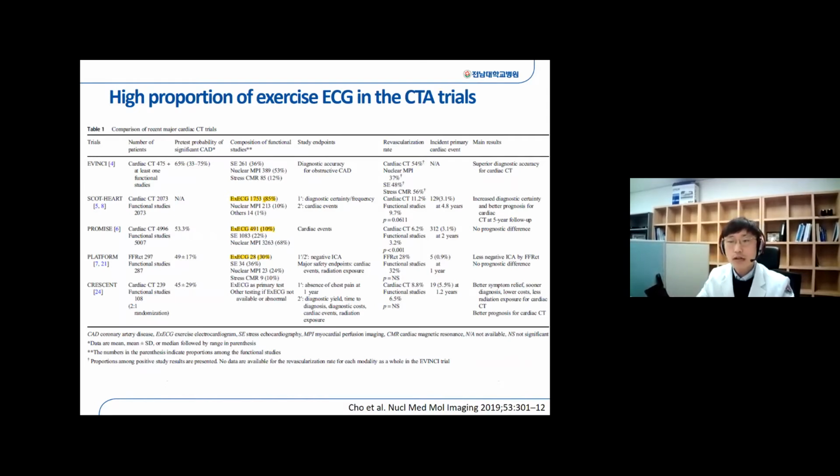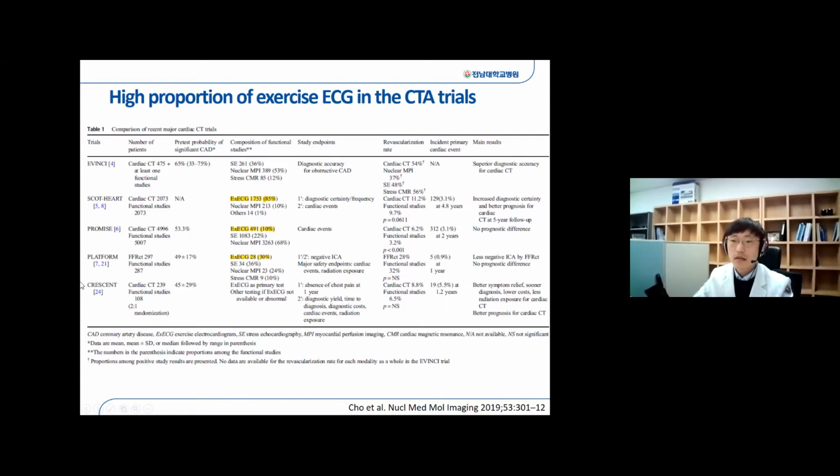The major cardiac CTA trials have competition between cardiac CTA versus functional studies. The functional studies include exercise ECG, stress echo, stress MR, as well as nuclear imaging modalities such as SPECT and PET. And here you can see that the proportion of exercise ECG is up to 85% in the SCOT-HEART trial.